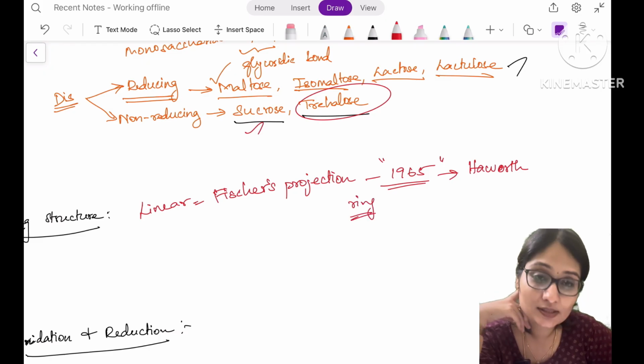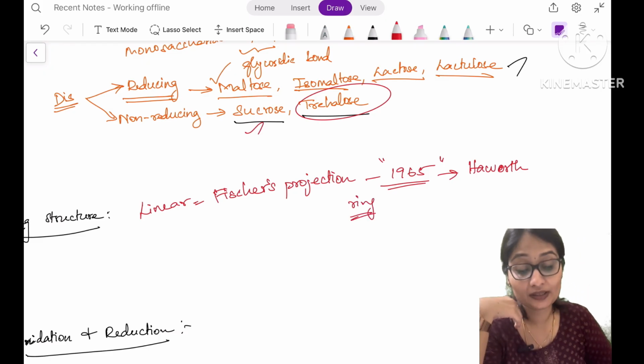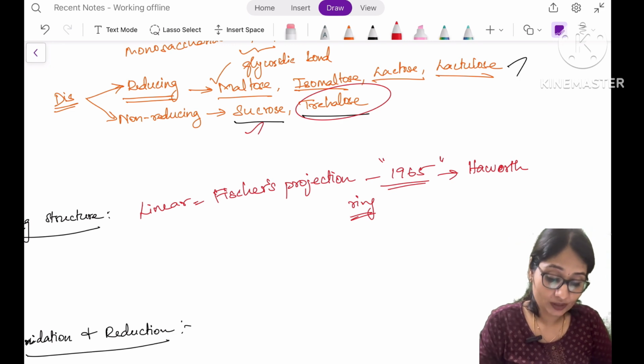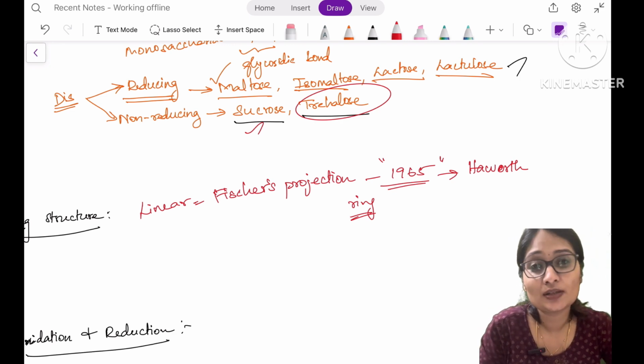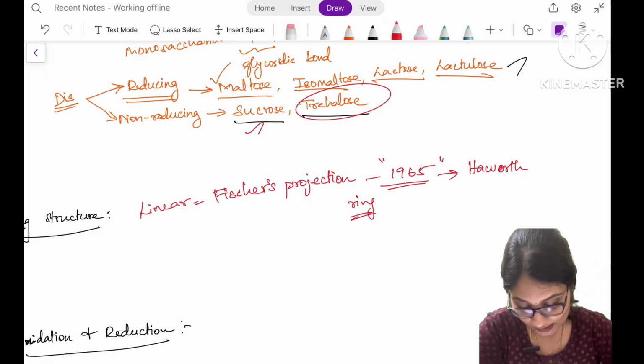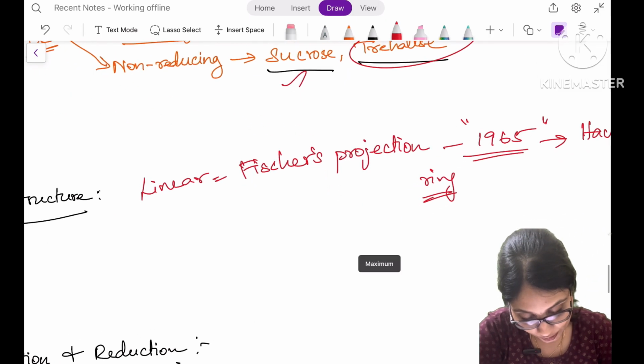They do not exist in this extended linear form, but rather they are present as ring structures. So there is a ring structure for glucose and there is a ring structure for fructose. So let's see the ring structure for glucose.